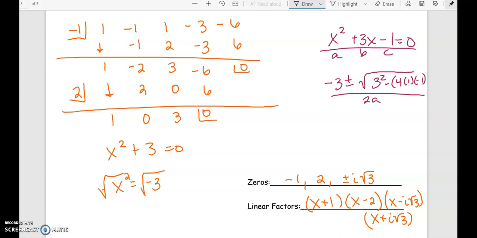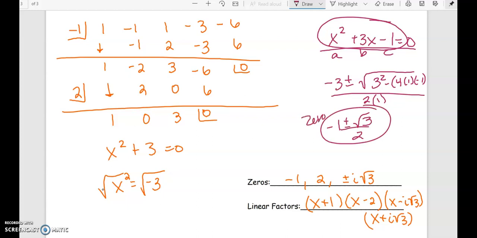So this right here would be your linear factors, and then your zeros are what you get when you simplify this, where that a is 1. So after reducing, you'd end up with -1 plus or minus square root 3 over 2 as your zeros. And this would be your factors, if you could not factor it or solve it like this one.